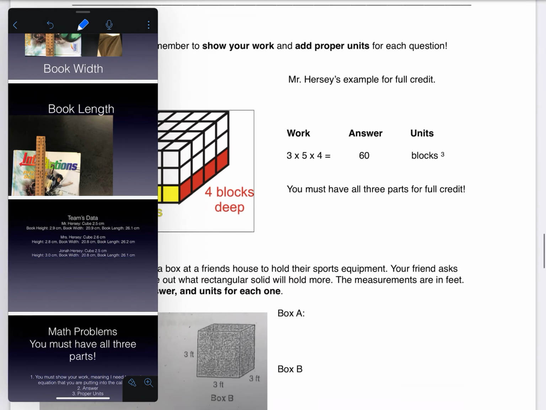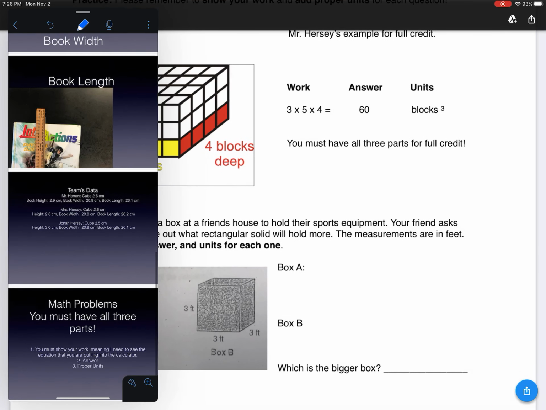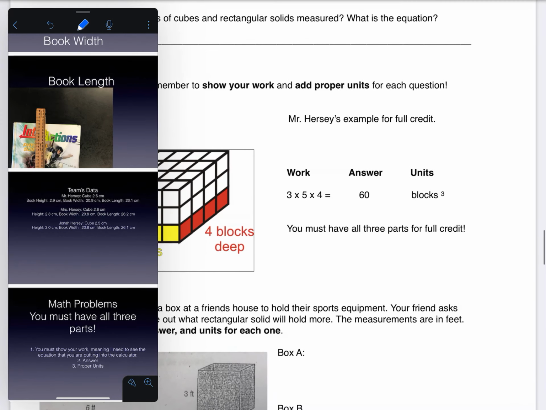So there are a couple of math questions at the end. I grade math problems for 3 different things. 1, you need to have your work. You need to show the equation you're using. 2, you need to have your answer.